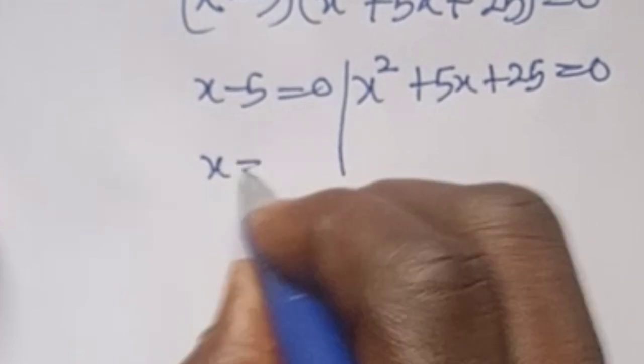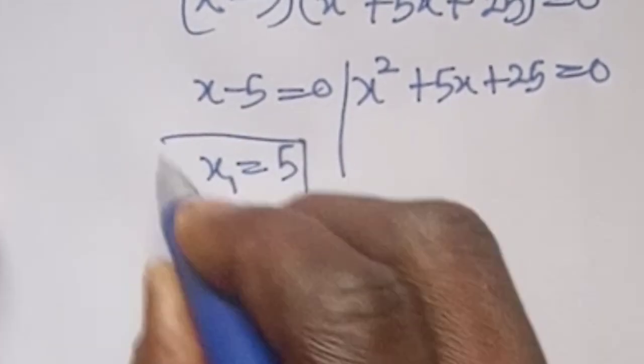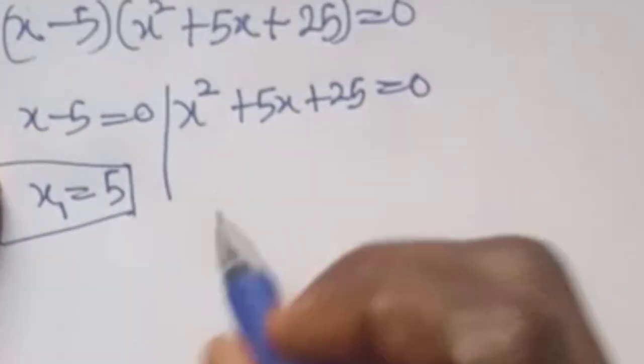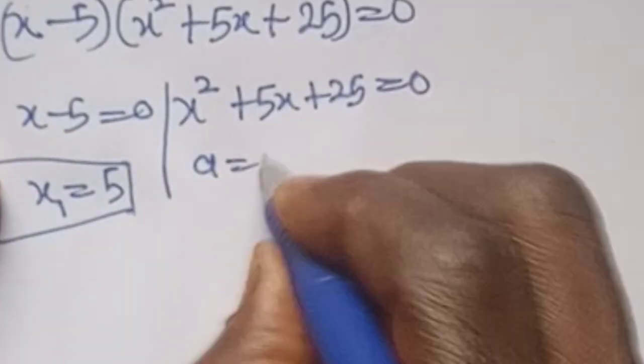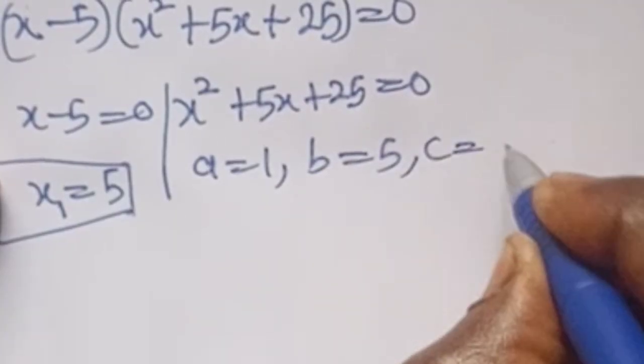From here, x1 equals 5. And this is a quadratic equation. We can say a equals 1, b is 5, and c, the constant, is 25.